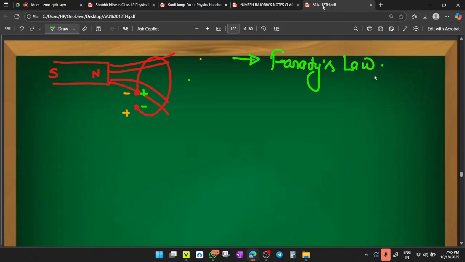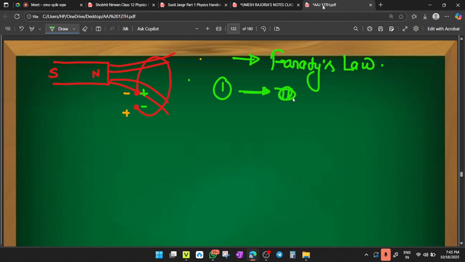Faraday has given two laws. The first law means that as long as you change the magnetic flux, only up to that time there is a production of EMF.